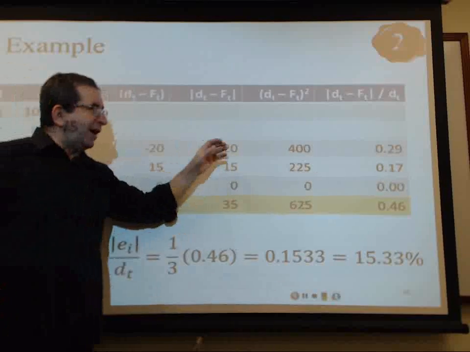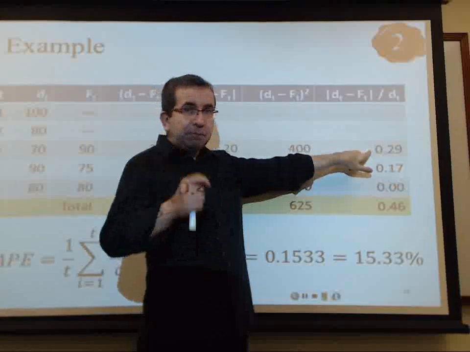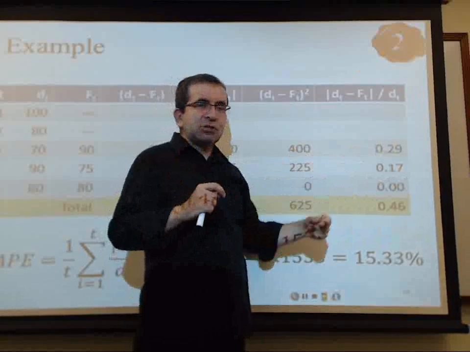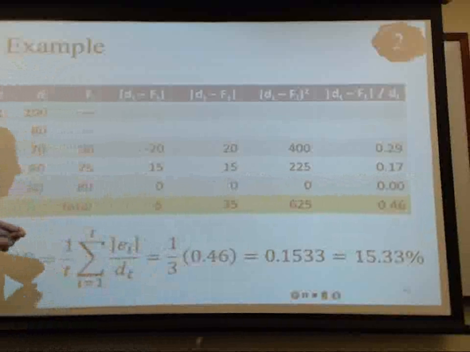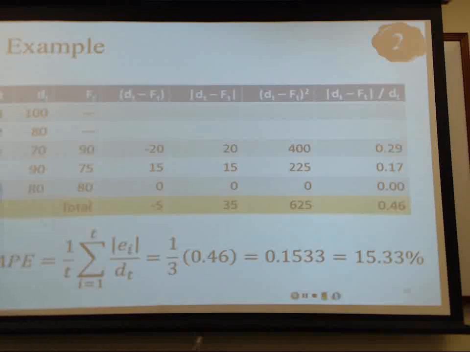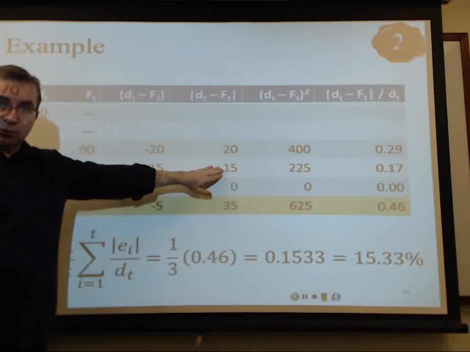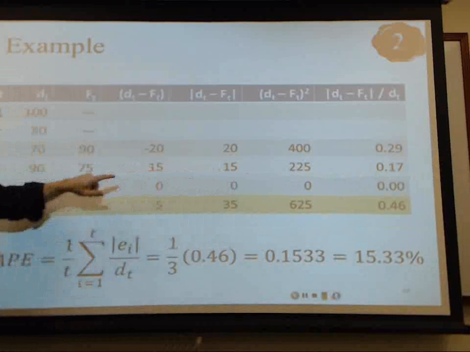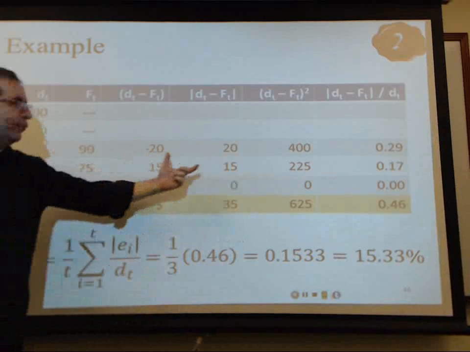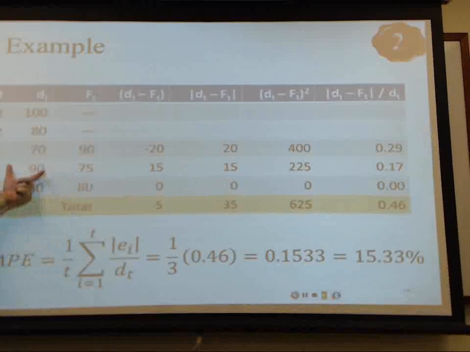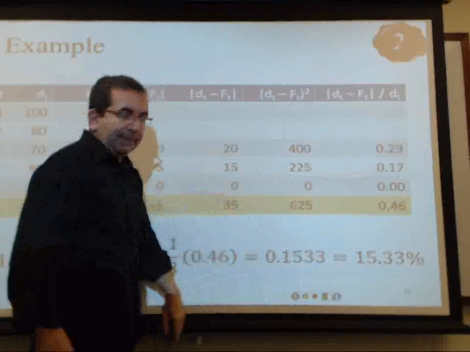Okay, 20 divided by 70 is 29%. So in period 3, I was off by 29%. Okay. Now in period 4, I was off by 15 units from 90. What percent off am I? 15 divided by 90, I'm off by 17%.